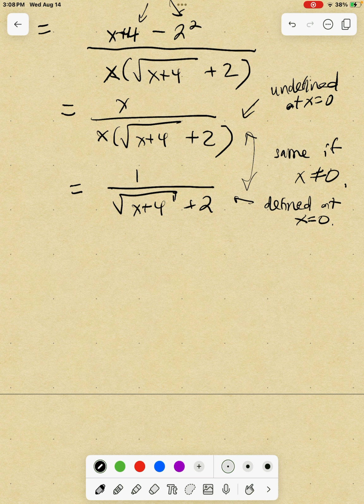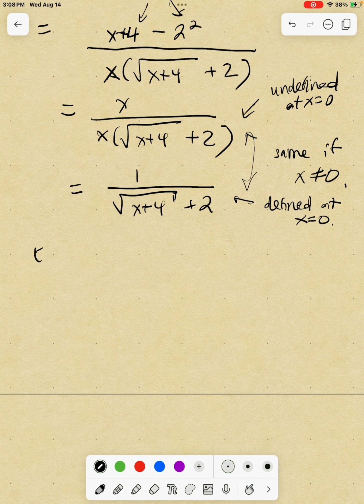So there, we rationalized the numerator. And there are also examples of rationalizing the denominator. Let's just do a quick example, if I can find one.